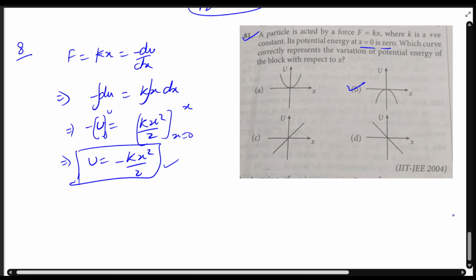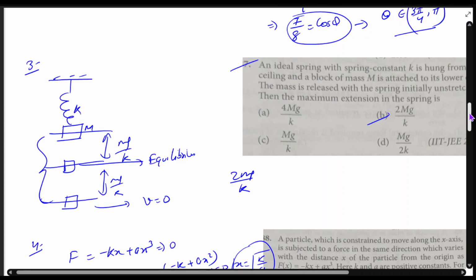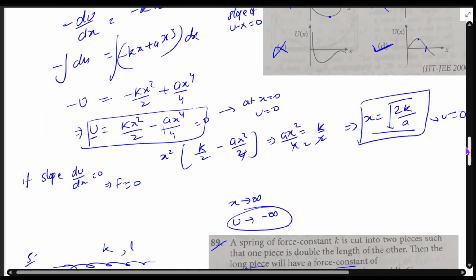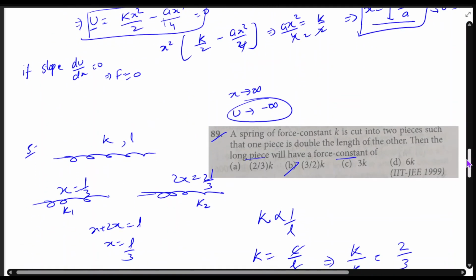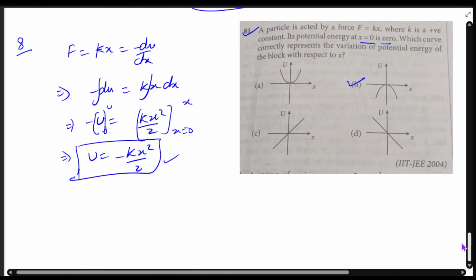Right? So we have done 8 questions. Are we left with any question? Let me check it again. So first, this was second, this was third, this was fourth, this was fifth, the sixth, seventh, and eighth.